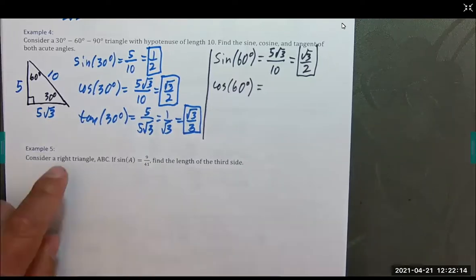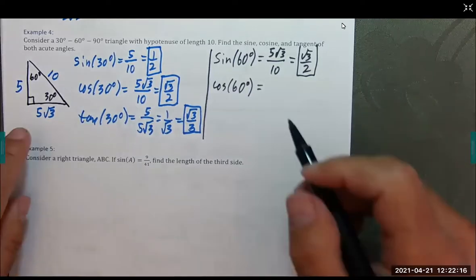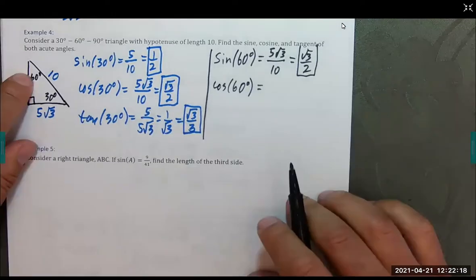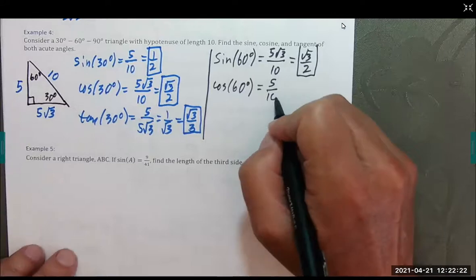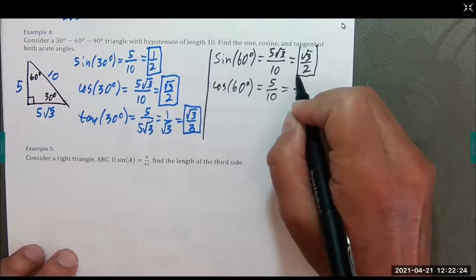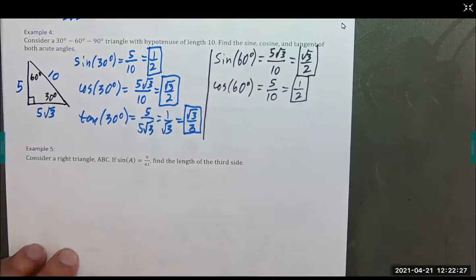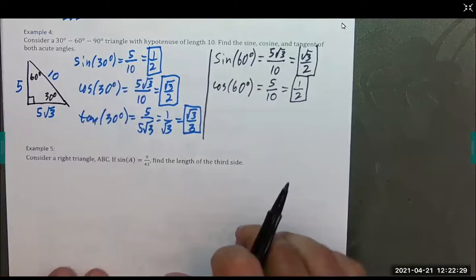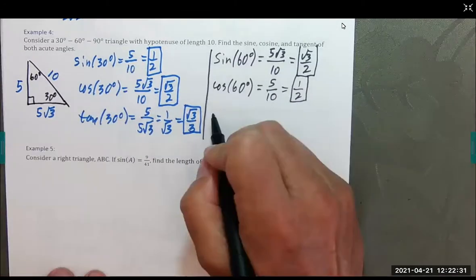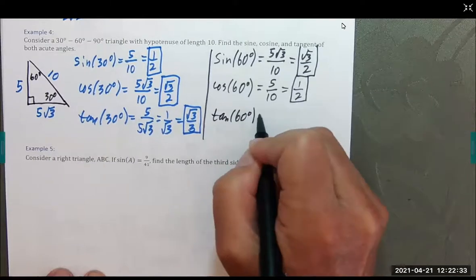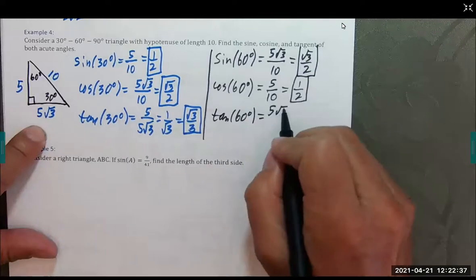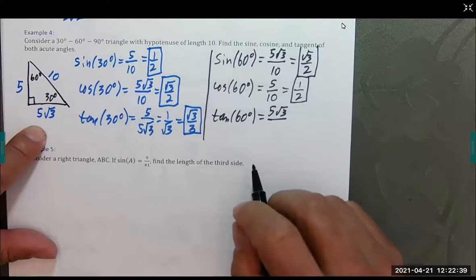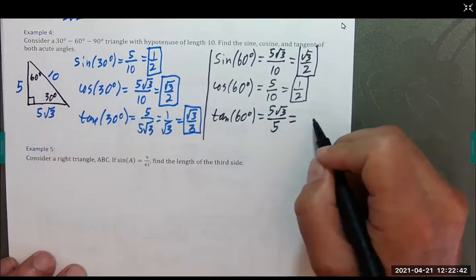Cosine of 60 degrees. Here's 60 is the adjacent. Cosine is adjacent 5 over the hypotenuse, which is 10. 1/2. Again. Tangent of 60 degrees. Here's 60 degrees is the opposite. 5 root 3 over the adjacent, which is 5, which turns out to just be root 3.